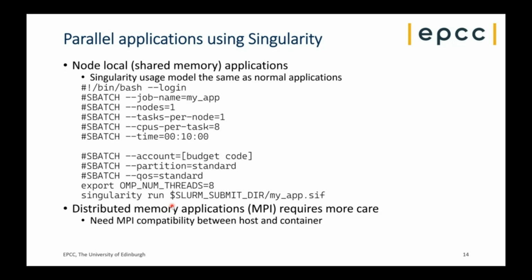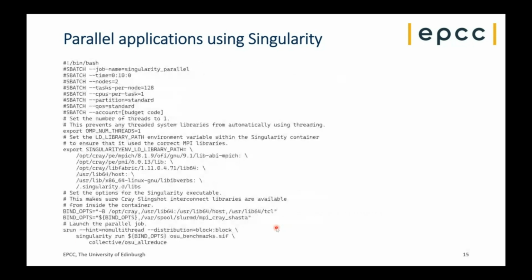And really that means MPI compatibility between host and container. So this is an example batch script of running a container which has MPI in it to run an MPI application.